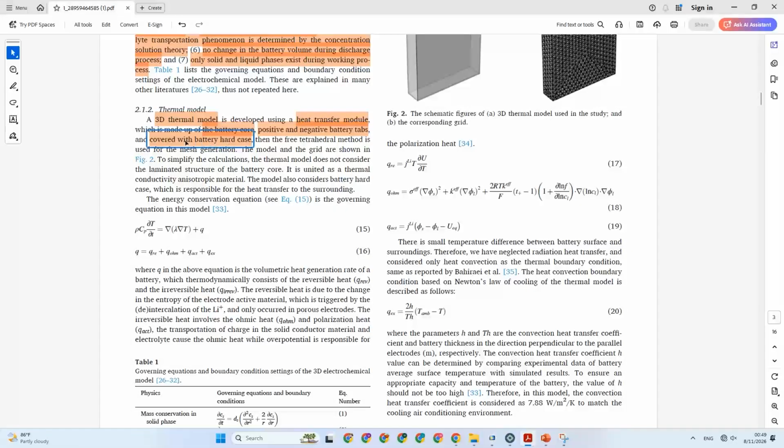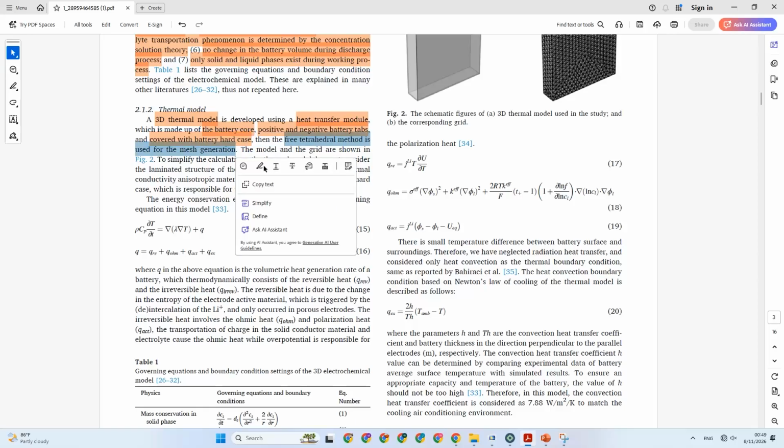Cover with battery. Then the free tetrahedral method is used for mesh generation. Very good, they talk about mesh generation model. The model and the grid are shown in Fig 2. To simplify the calculations, the thermal model does not consider the laminated structure of the battery core.